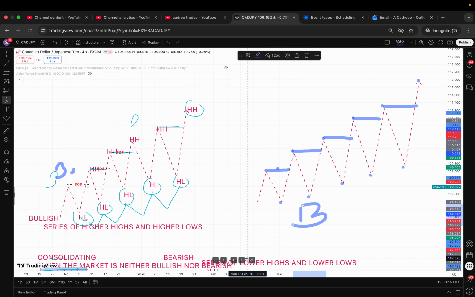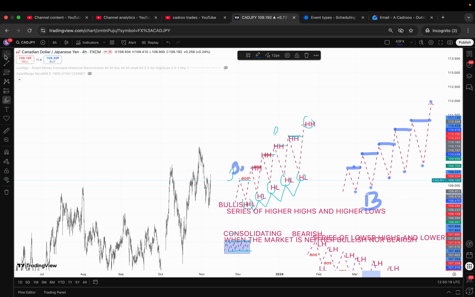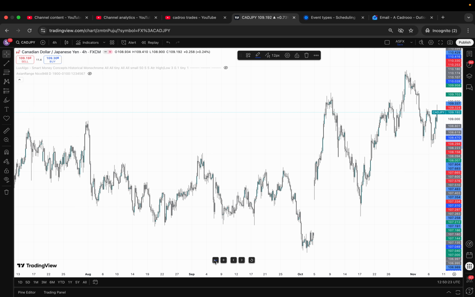So let me show you guys some chart examples. You can see that this is a higher low, this is a higher high. Why? Because price broke above this high. This is a higher low, this is a higher high. Why? Because price broke above this high.